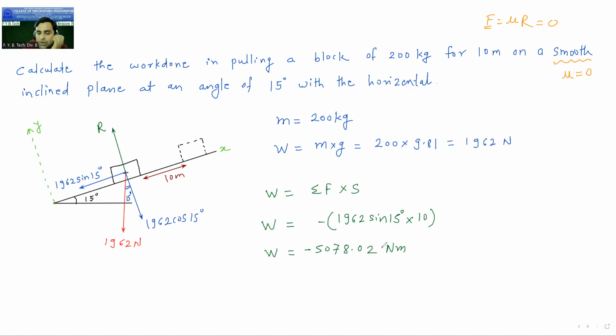So it is in Newton meter. Okay. So this also you can write as minus 5078.02 joules. And you can also write this W is equal to minus 5.078 kilojoule. Okay. So this is the very simple numerical.